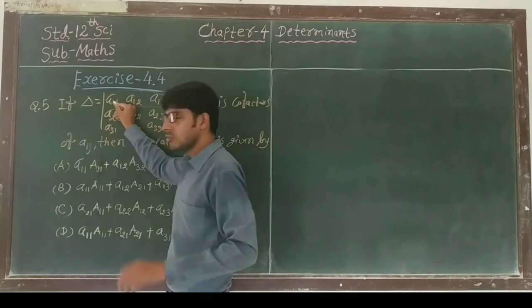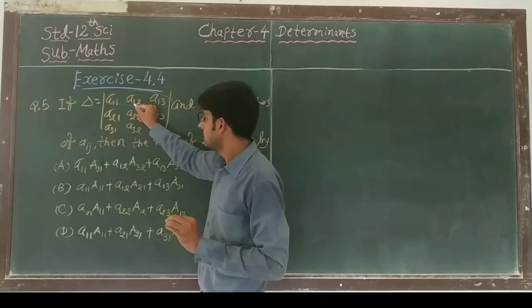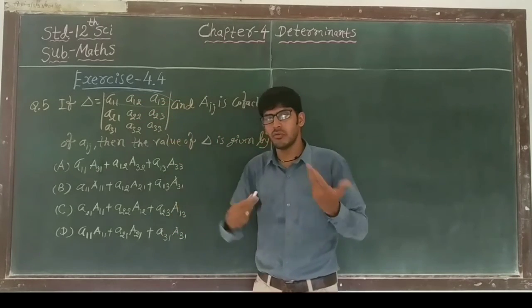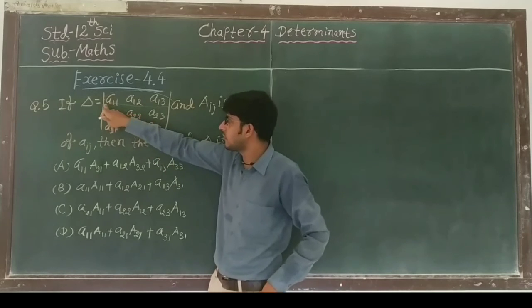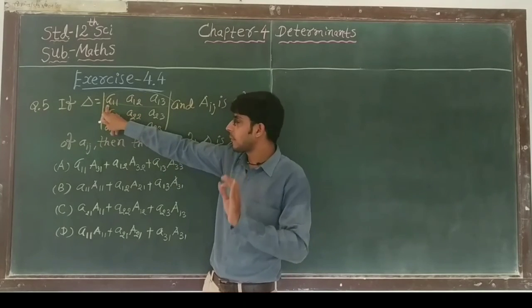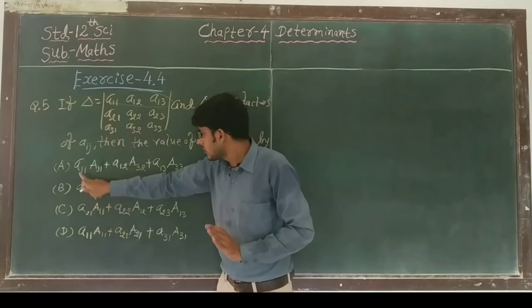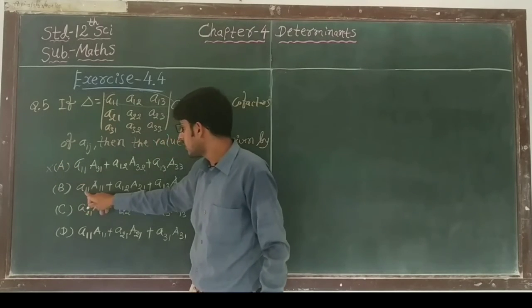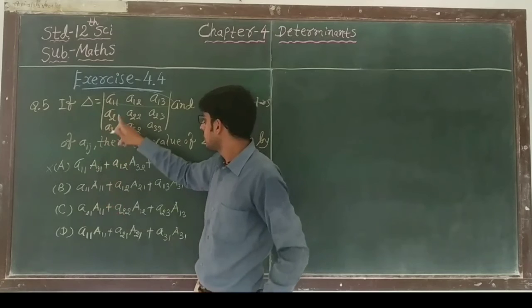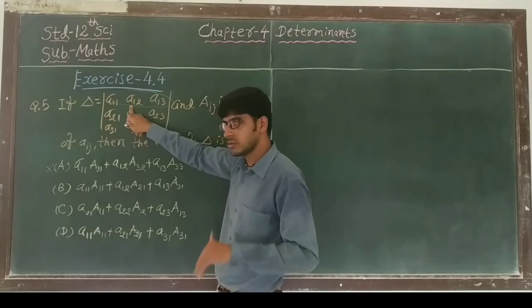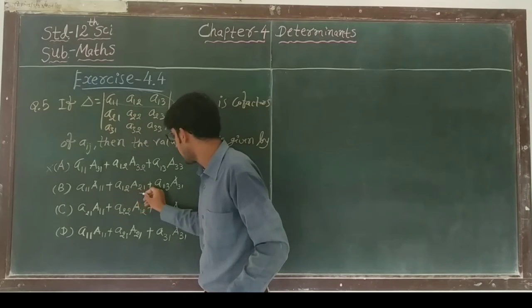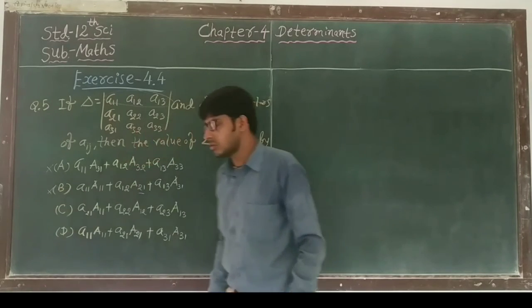We write the first element a11, then a12, then a13, and write the respective cofactors. Suppose we write small a11, we write it with capital A11. So here option A is not the answer. Now we take A12 with capital A12, so option B is not true.